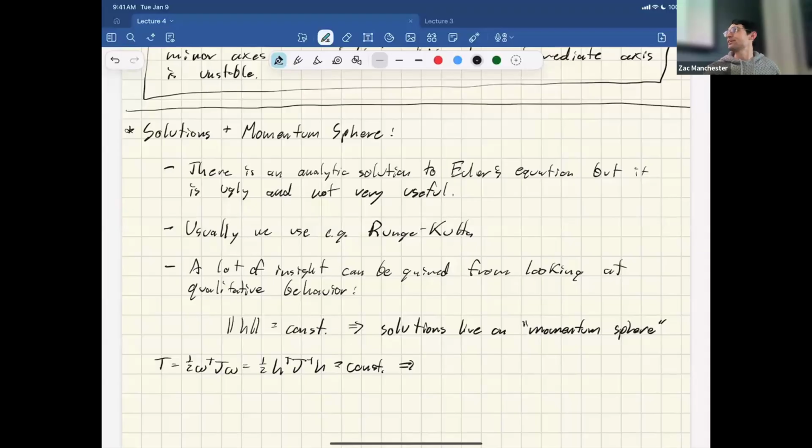Okay, what if J is a positive definite matrix? That basically means you're stretching the sphere along a couple of different directions into an ellipsoid. So angular momentum is a sphere, and energy conservation is an ellipsoid, like an egg, right? So this is the energy ellipsoid.